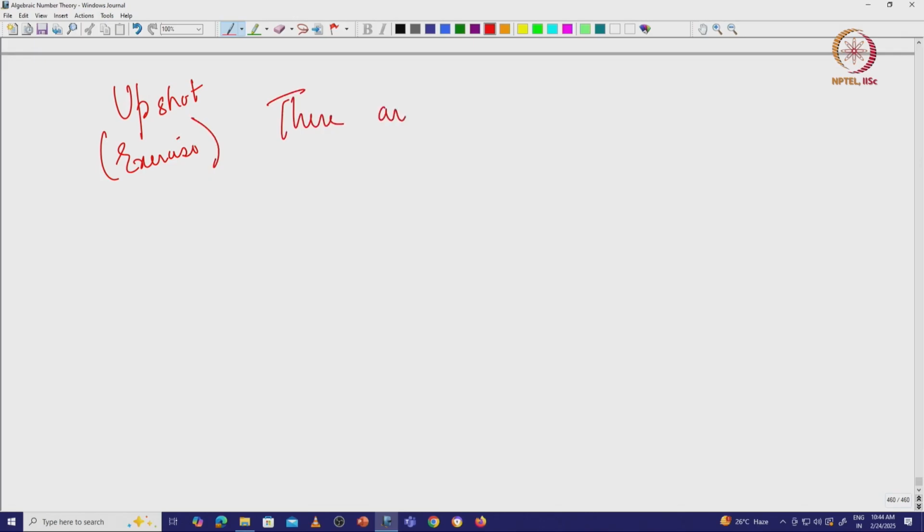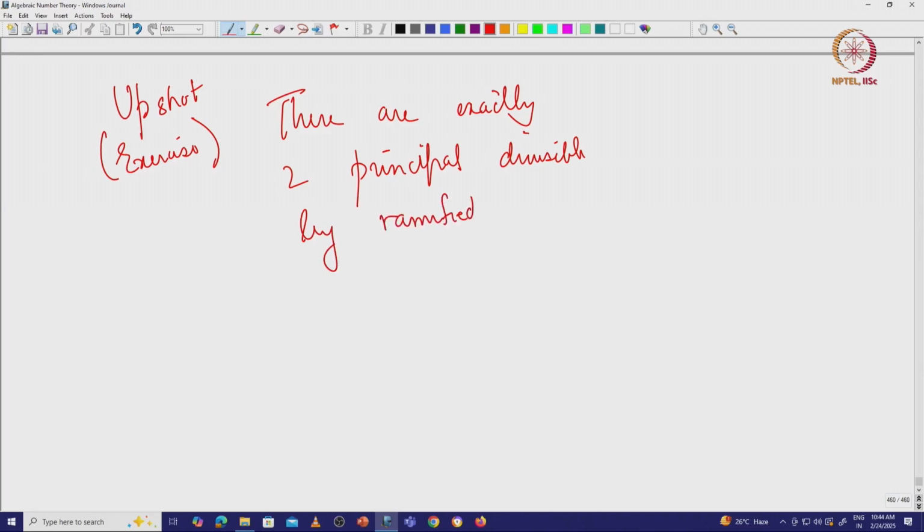There are exactly 2 principal ideals amongst those divisible by ramified primes, and what are these? Namely the trivial ideal and the ideal generated by square root of d, right.